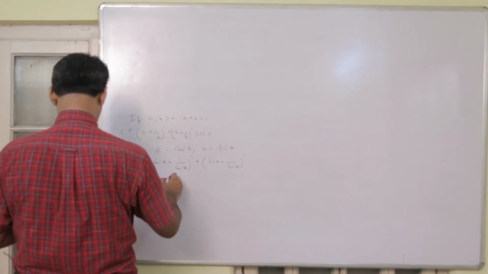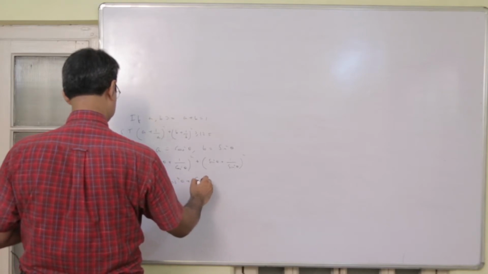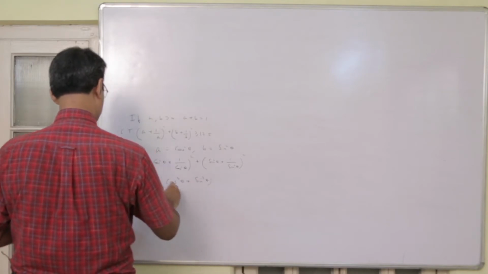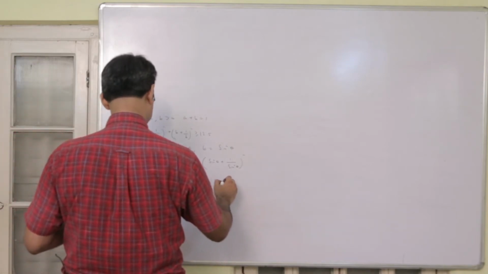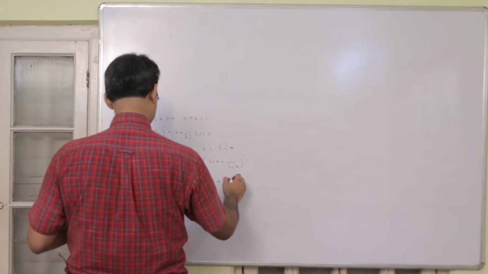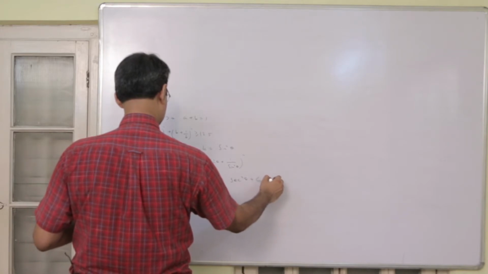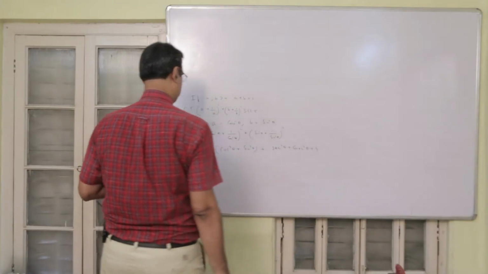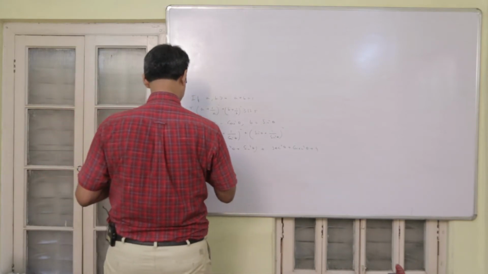So after expansion, we will get cos to the power 4 theta plus sin to the power 4 theta plus sec to the power 4 theta plus cosec to the power 4 theta plus 4.